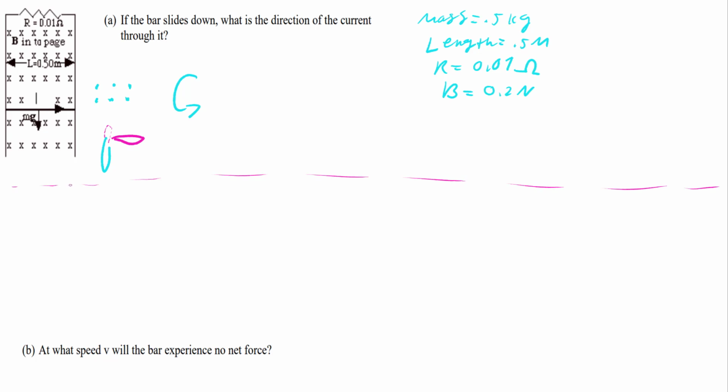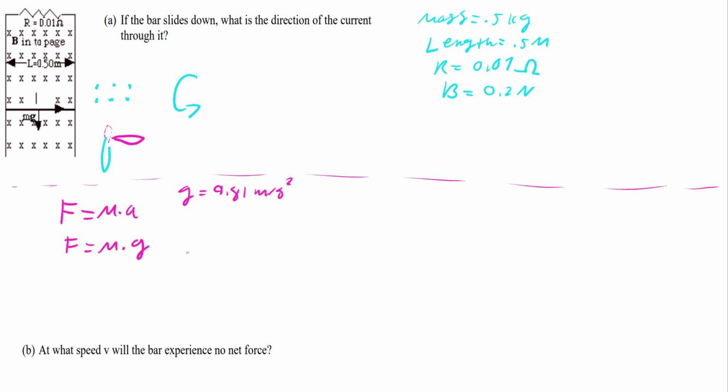And look, mg. Remember that in mechanics, which is physics 1, force is equal to mass times acceleration. Acceleration in this case is just equal to gravity, which is around 9.81 meters per second squared. So F is equal to mg.